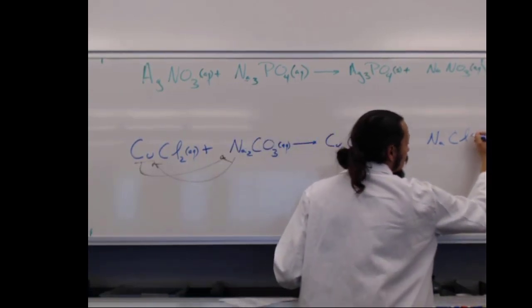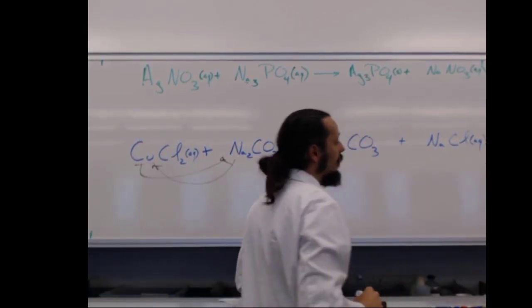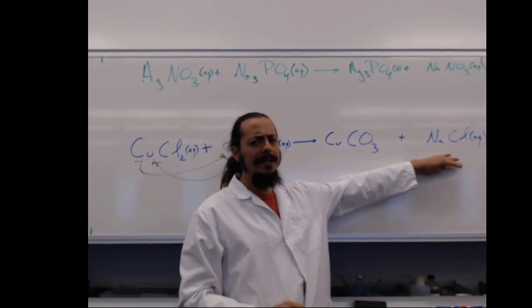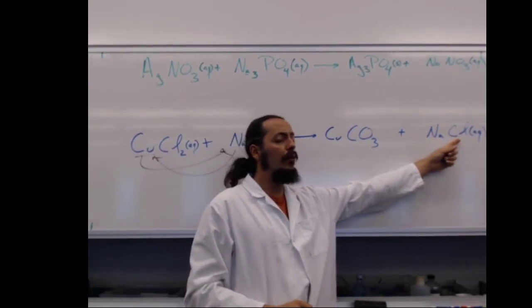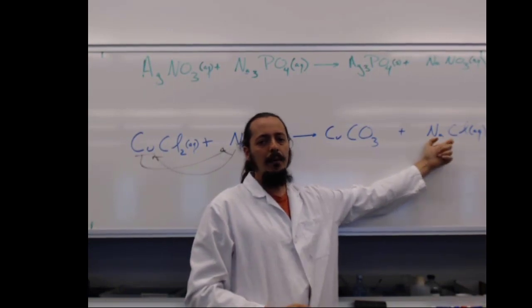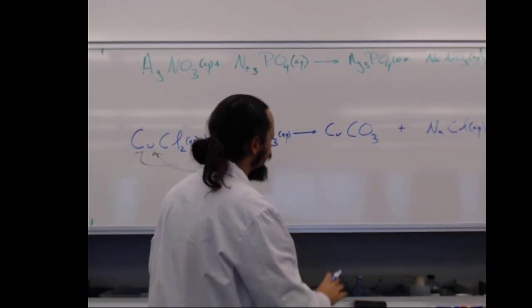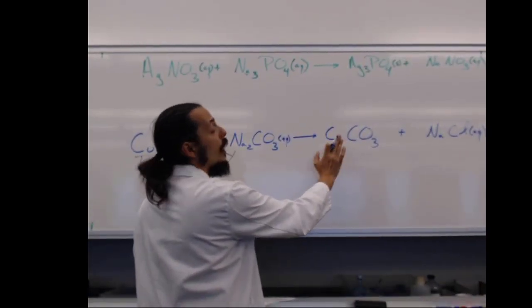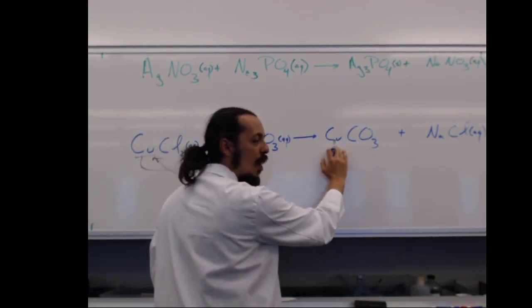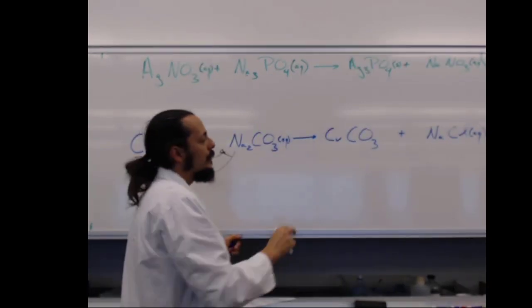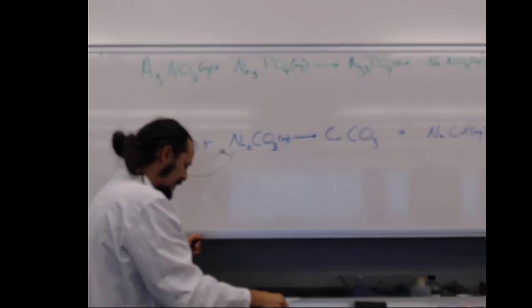Sodium chloride, aqueous, also already charge balanced, right? We've got the sodium with the +1 charge, we've got the chlorine with the -1 charge. That will already be charge balanced. Here, copper 2+, carbonate 2-, already charge balanced. So in this case, we're already charge balanced.